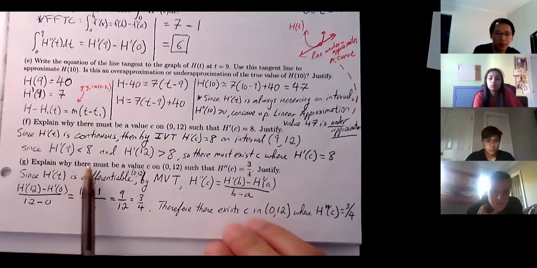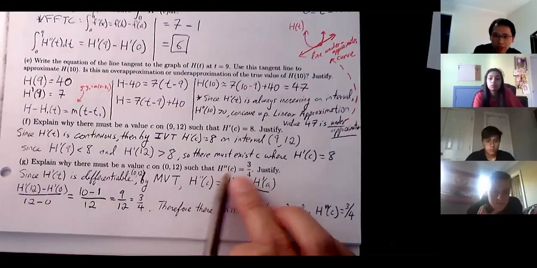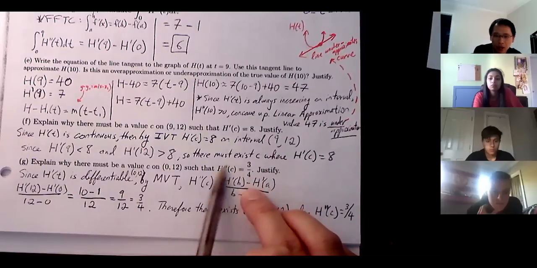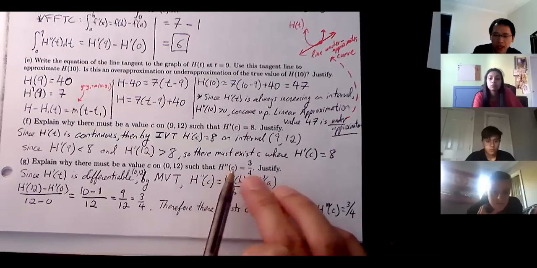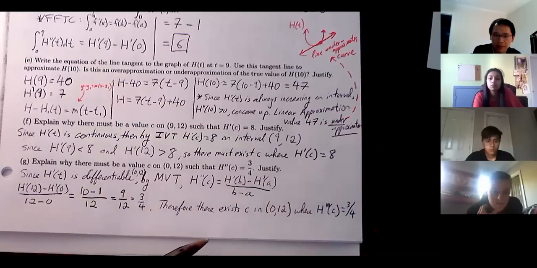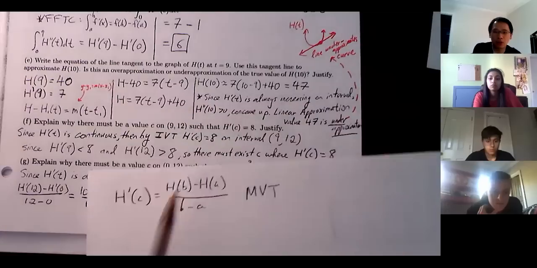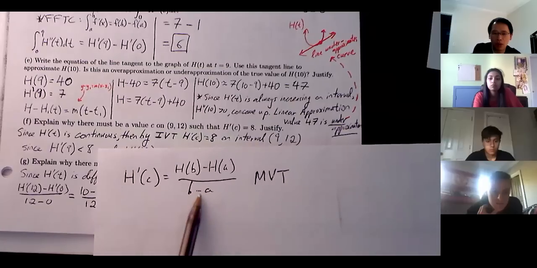Now, part G, explain why there must be a value such that H double prime is equal to 3/4. Now, maybe mean value theorem is more applicable because now we have H prime available and it's asking about H double prime. Okay. So initially, I wrote out what mean value theorem would be if I just converted F prime to H. But this is not what this is asking for, right?